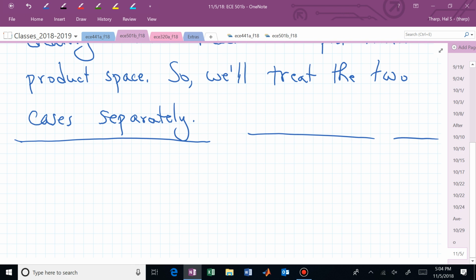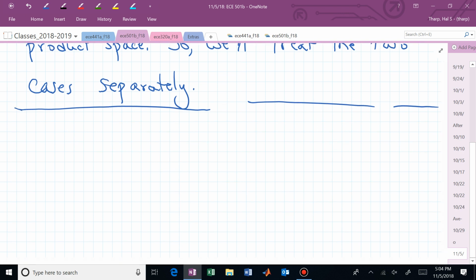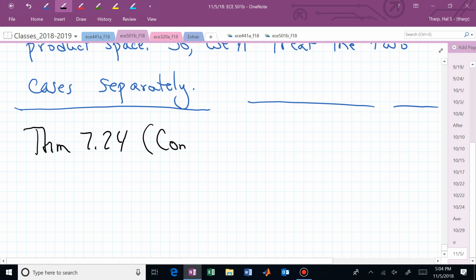Okay, now let's state the complex spectral theorem. And that's Theorem 24 in Chapter 7. Complex spectral theorem.